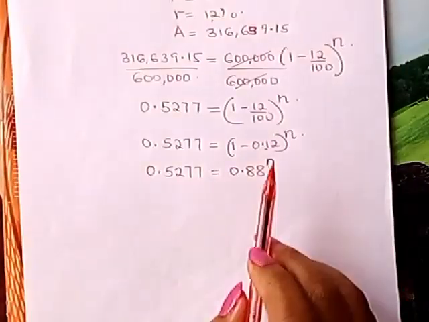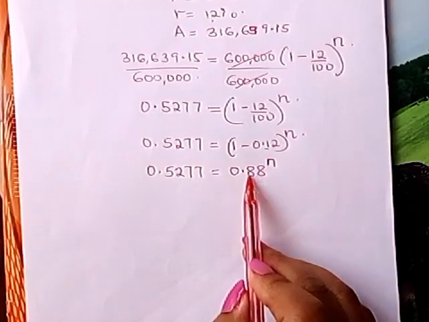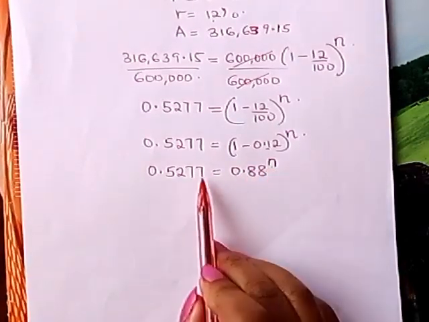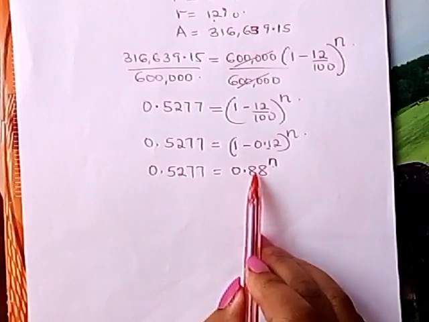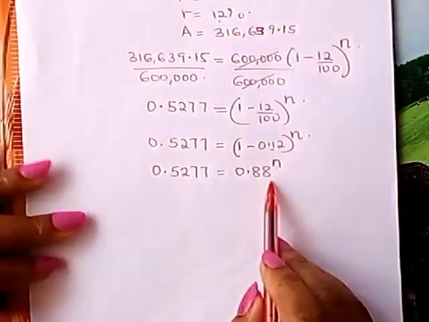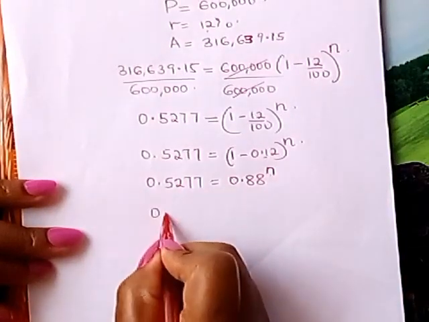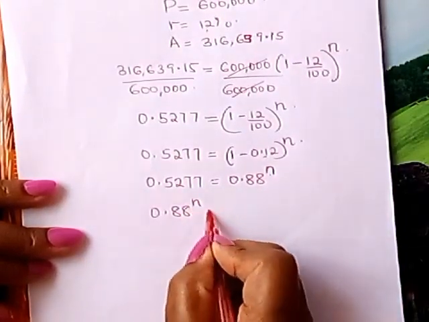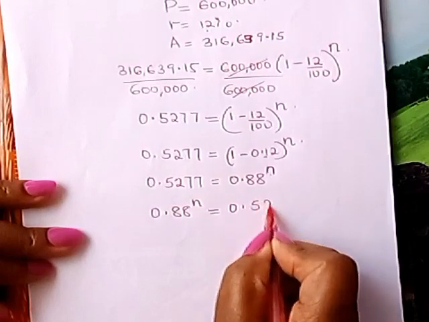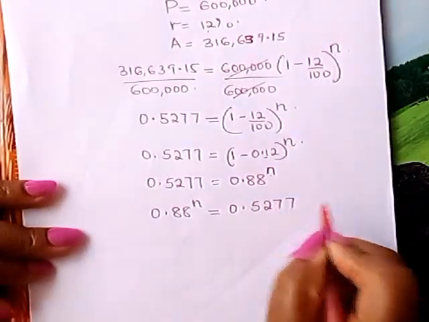The bracket gives us 0.88 raised to N, therefore is equal to this side. So what is your N, learner? I can just exchange them. It is still the same thing. So you can write it this way so that you can see it clearly.